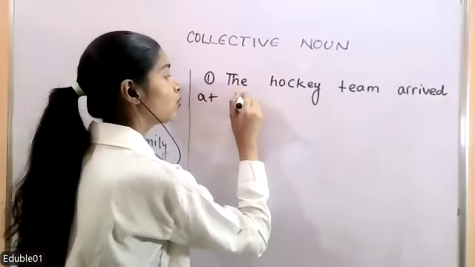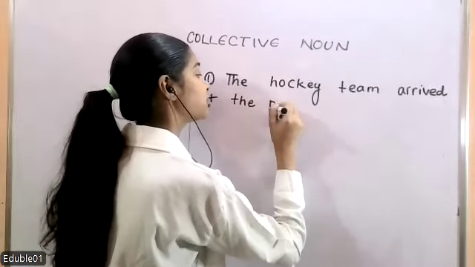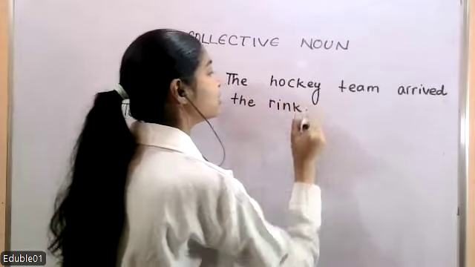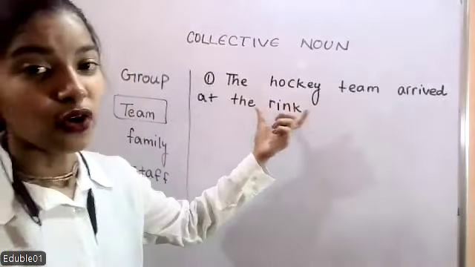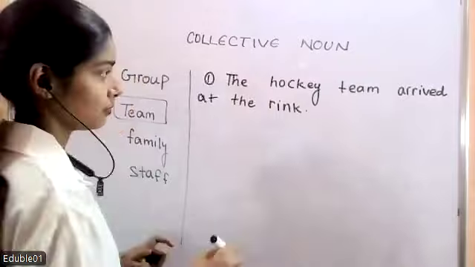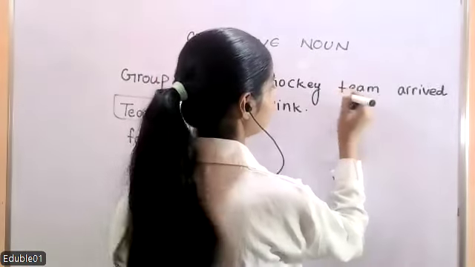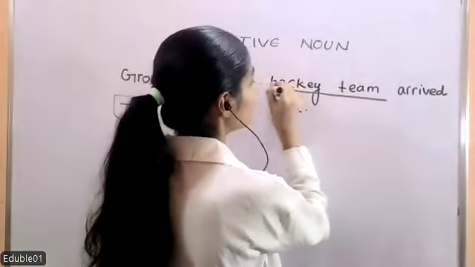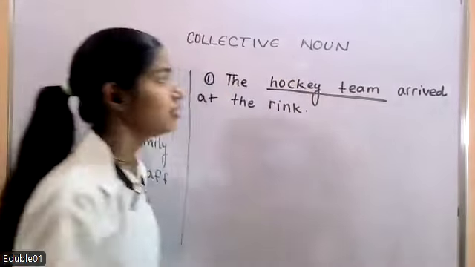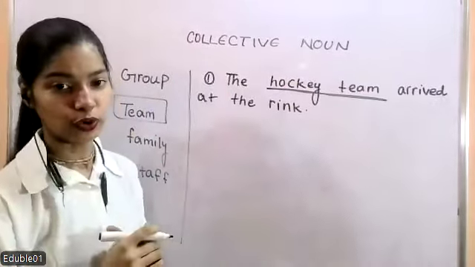So what does it specify? It specifies that the team of hockey persons, the persons who are playing hockey, they have a team. So hockey team, it's a collective noun over here.